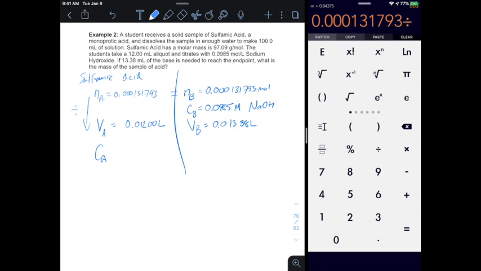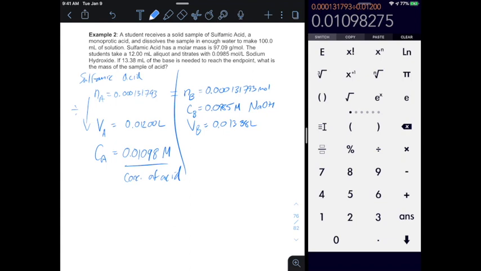So I'm going to divide this by the 0.01200 liters. Okay, so this is the concentration of the acid, and I guess we have 4 significant figures, so we'll leave it there. So that is the concentration of acid.